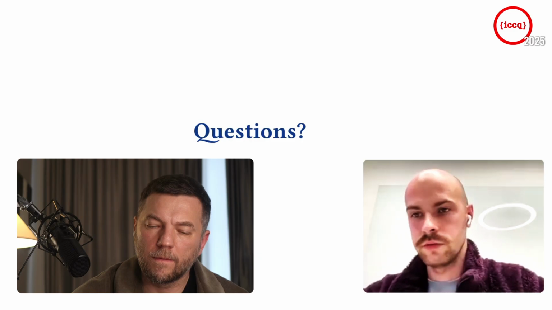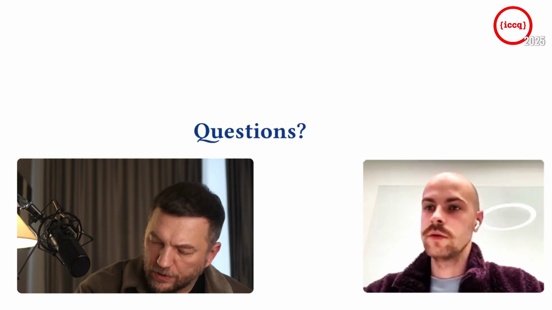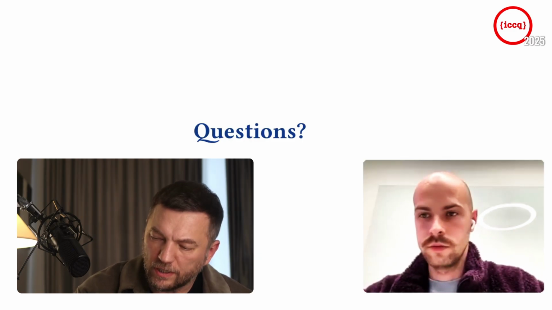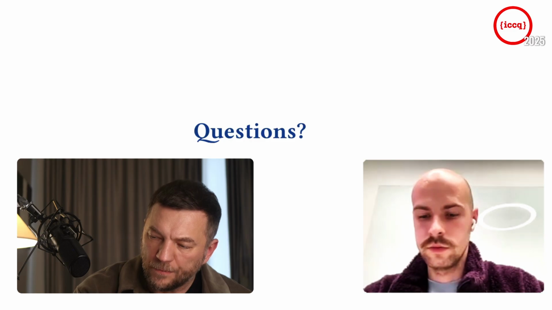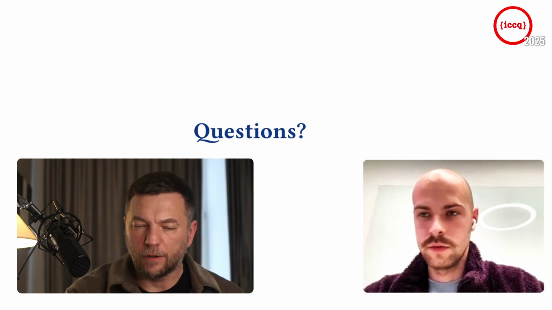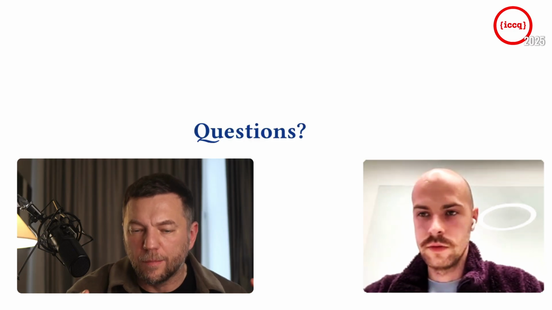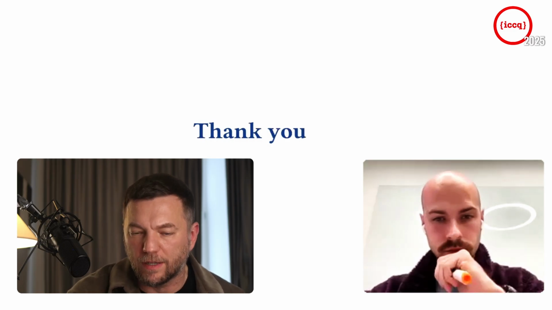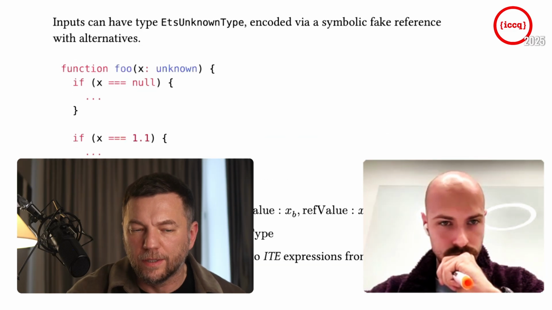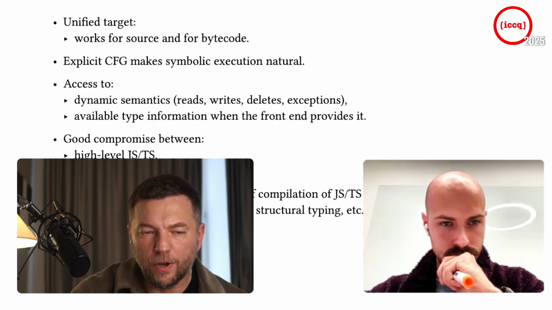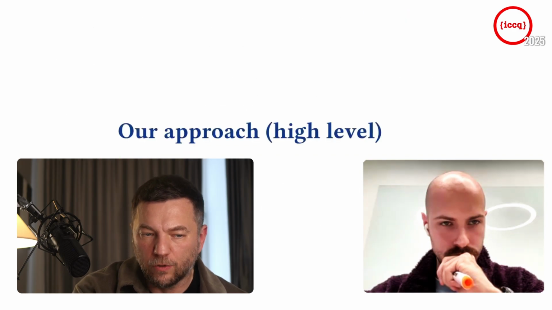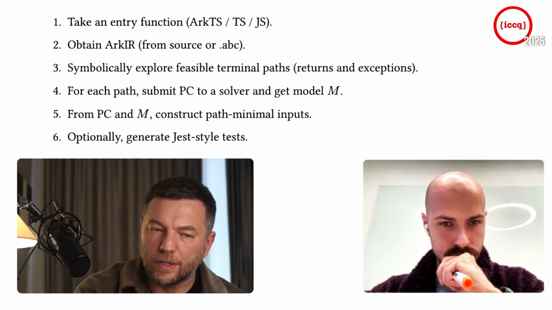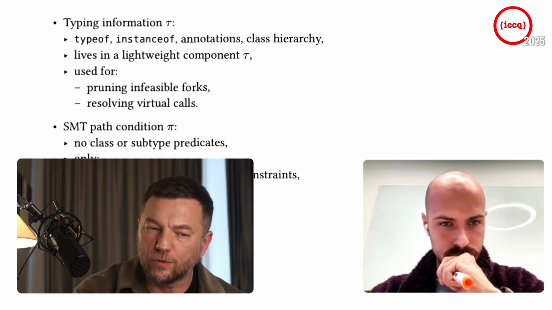And also in your presentation, you said that your key novelty is the introduction of this specific fake type or fake element, which you pass as an argument, which assembles together all the possible options which may be present there. So I'm asking, is it something that no other symbolic execution engines have?